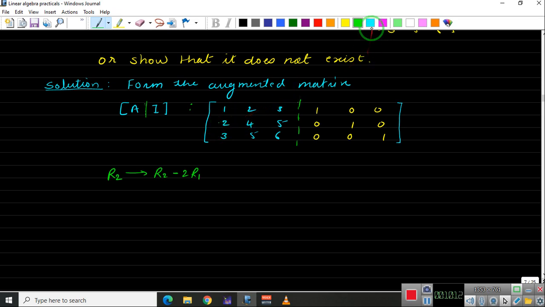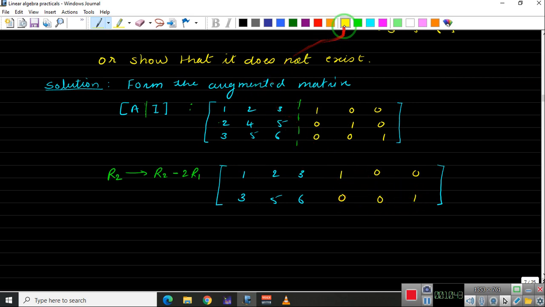Okay, so let's apply this operation over here. So we'll have a matrix of order 3 by 3. First row will be as it is throughout: 1, 2, 3. Third row is also the same: 3, 5, 6. Also on this side, the first and third rows are the same: 1, 0, 0 and 0, 0, 1.